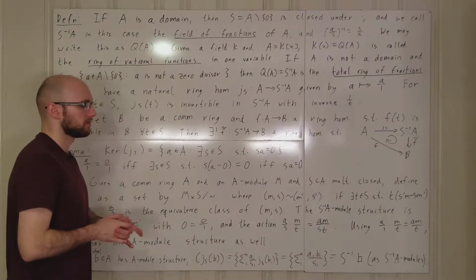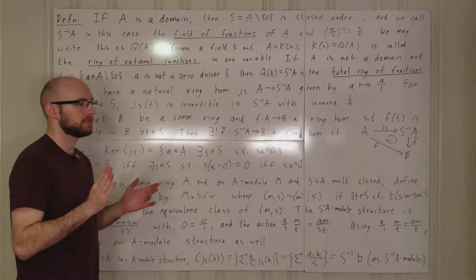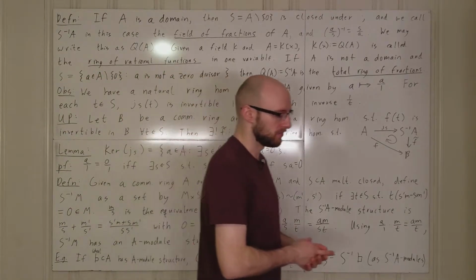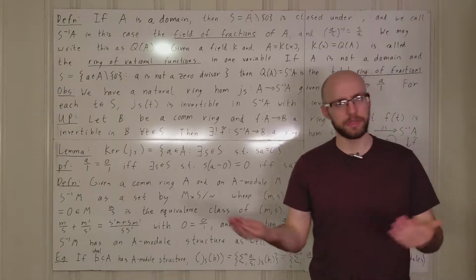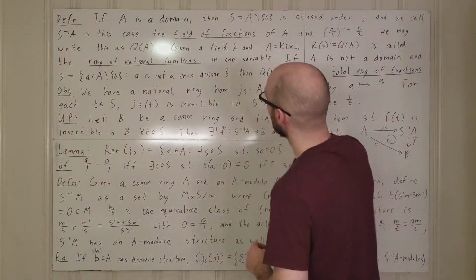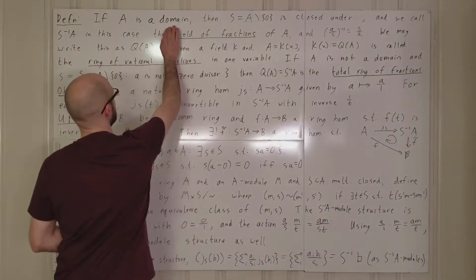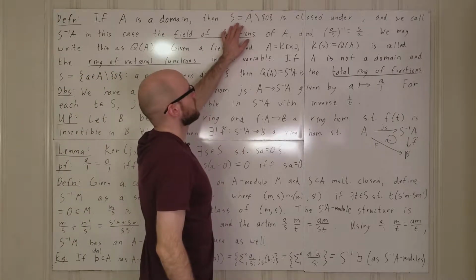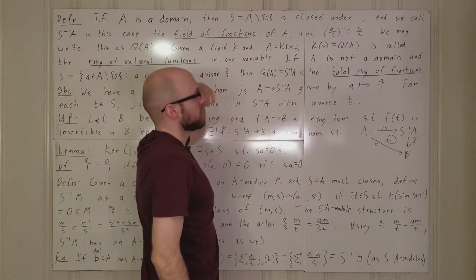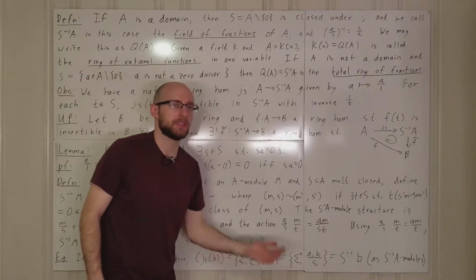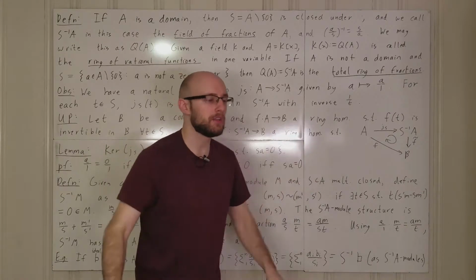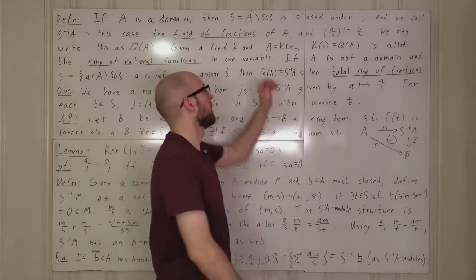so in our definition of S inverse A, we chose A to be just a commutative ring. So if A is a domain, then if we let S be the set of non-zero elements, then that's closed under multiplication, because you can't take two non-zero elements, multiply them together, and get outside of the set.